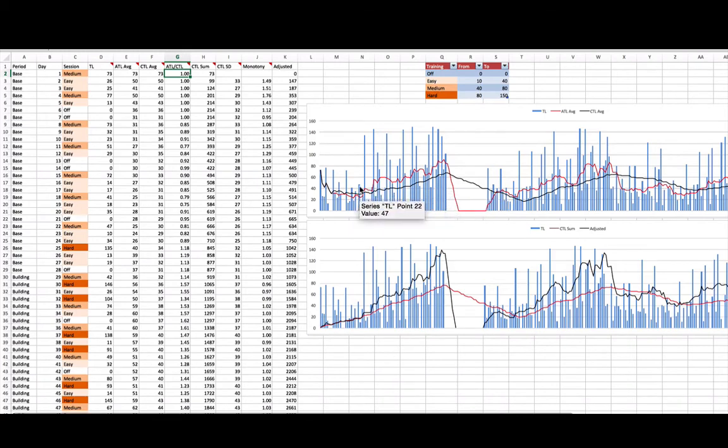But after 42 days, approximately here, or a bit further down, 41, 42, we can see that there's a difference between acute and chronic, which means that training load is being increased more than the athlete is used to.